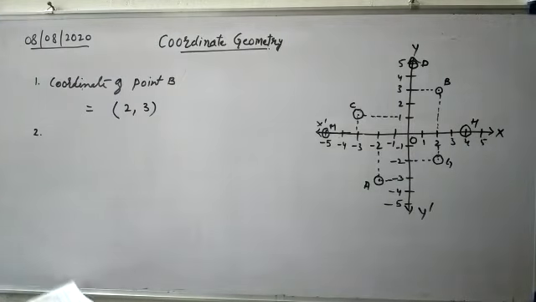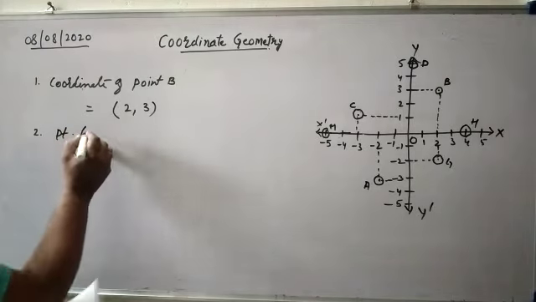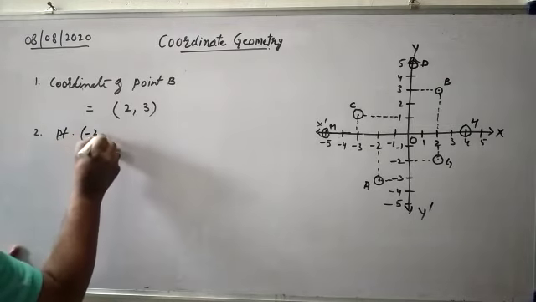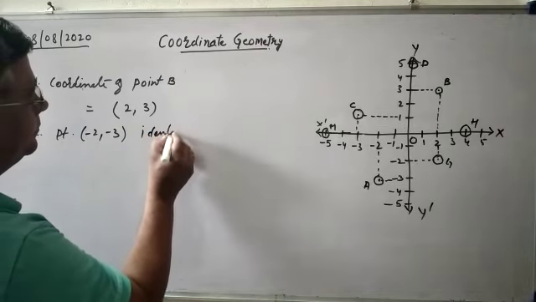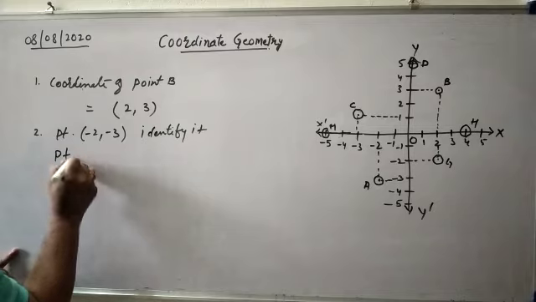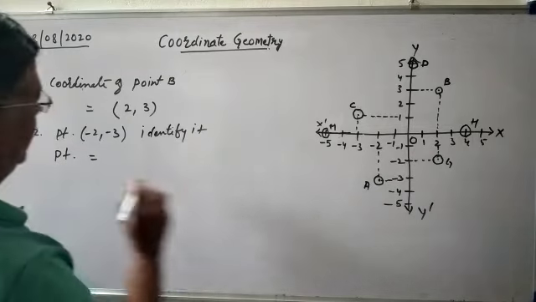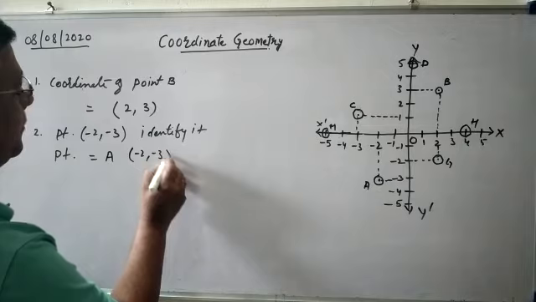Second, the point whose coordinates are (-2, -3). Identify it. That is point A. A has coordinates (-2, -3).